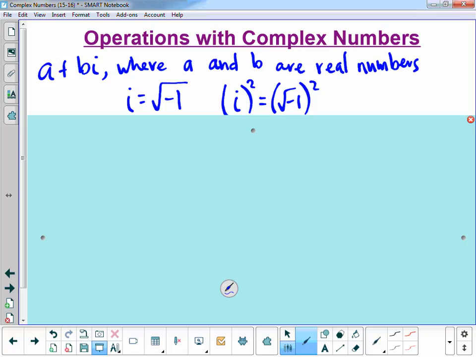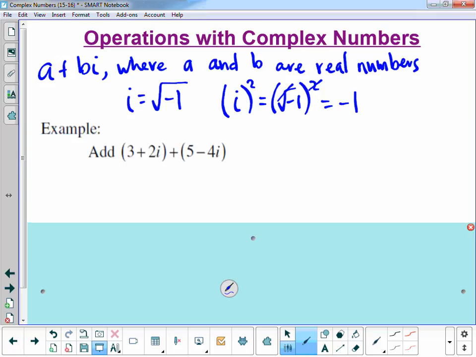What happens when you square a square root? Yes, they cancel out, right? So i squared is just going to equal negative 1. Later on, when we multiply an i and an i and get an i squared, that simplifies to be negative 1.